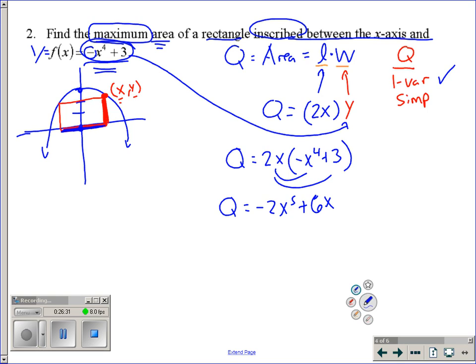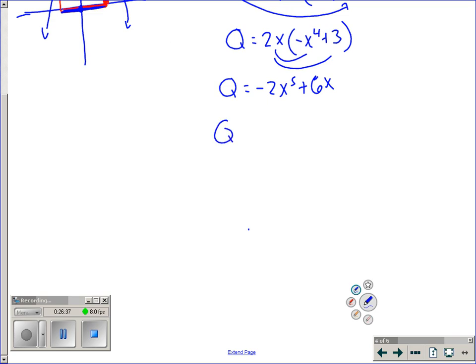So let's take the derivative, set it equal to 0, and solve. Okay, so that's going to be Q prime equals, what's that, negative 10x to the 4th plus 6 equals 0. And we only have one variable here to solve. That's not bad.